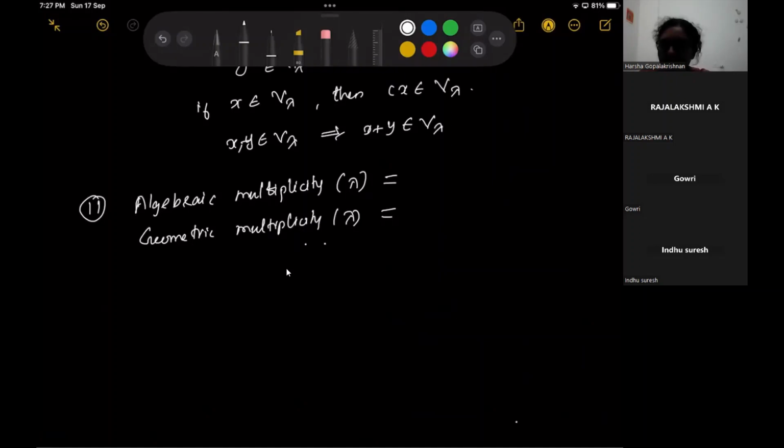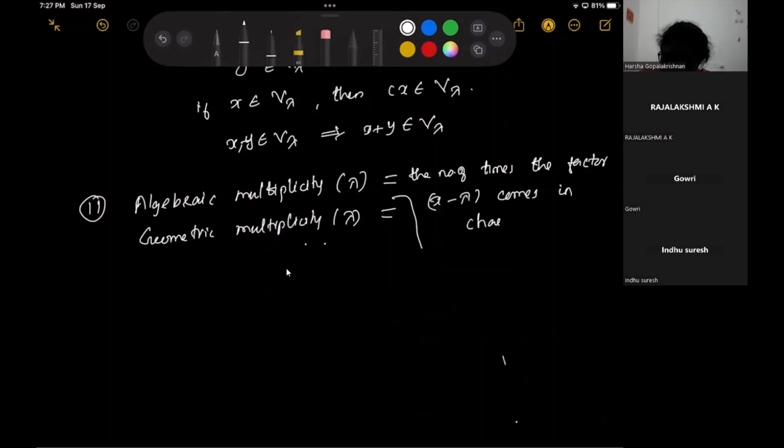The algebraic multiplicity of lambda means the number of times the factor x minus lambda occurs in the characteristic equation. We have the characteristic equation, determinant of A minus lambda I equal to 0, so we will factorize it.